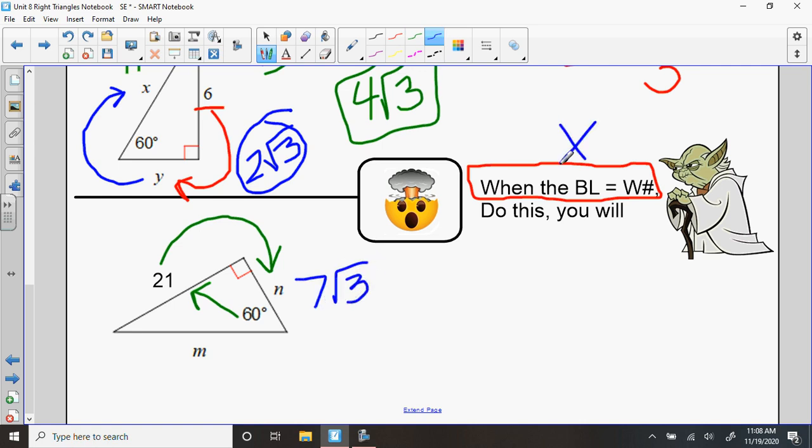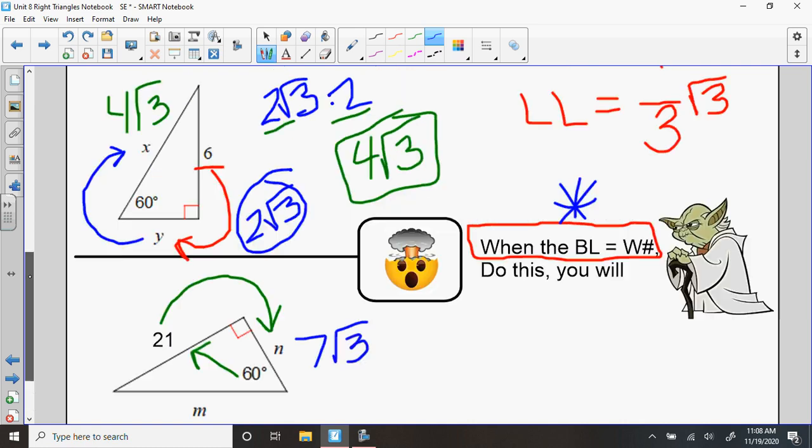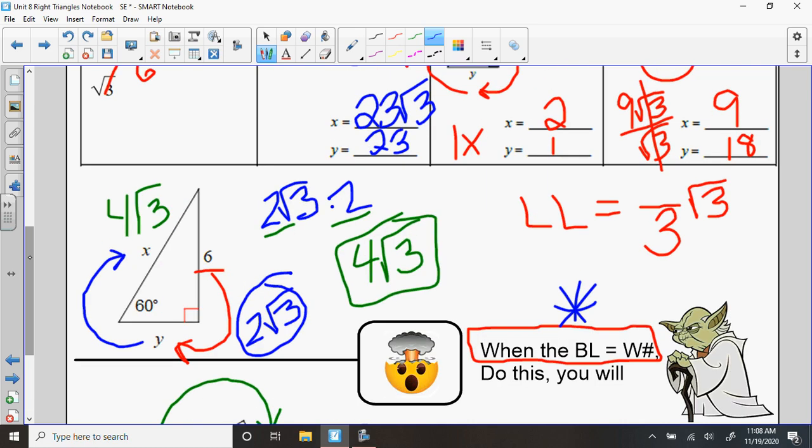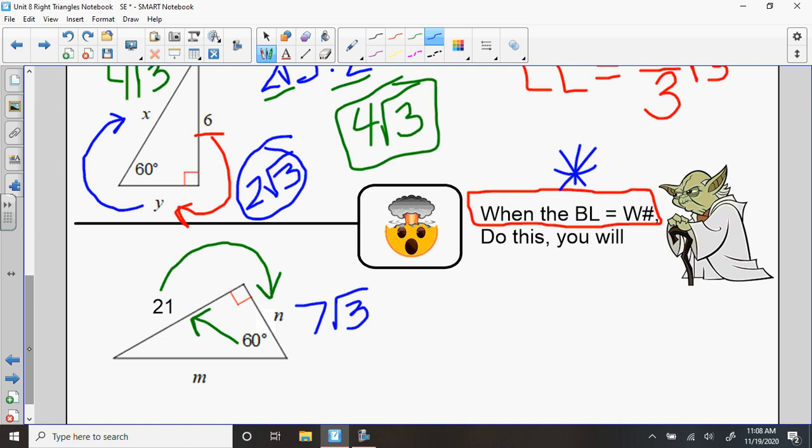I use this formula here, or that formula right above it. Divided by 3, give it a radical 3. Now, 7 radical 3, to get the hypo, because it's across from the right angle, is double it. So the hypo is double this, times it by 2. The hypo will be 14 radical 3.